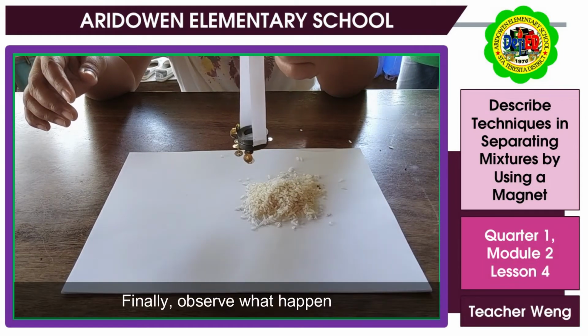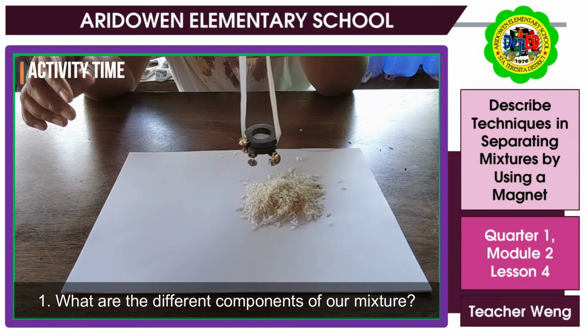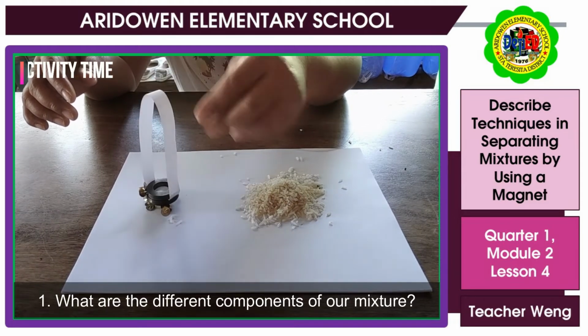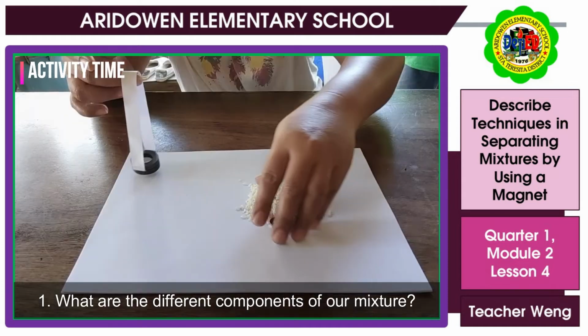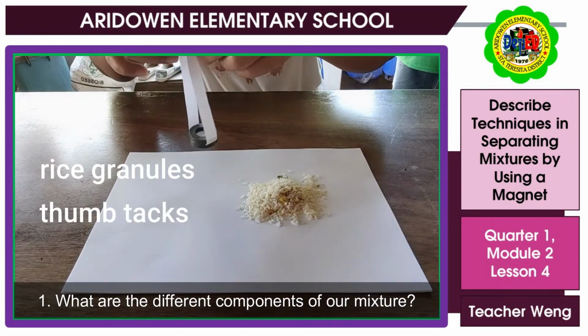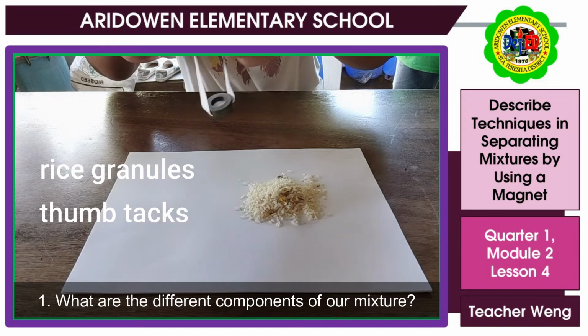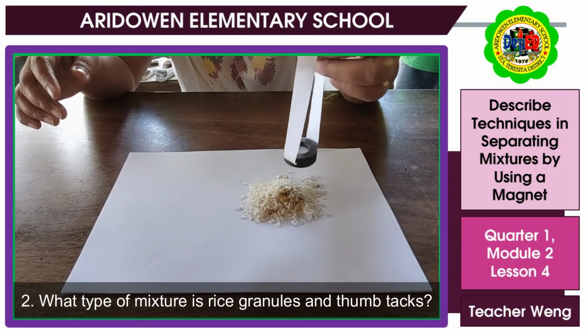Finally, observe what happened. Number 1. What are the different components of our mixture? Right! The different components of our mixture are rice granules and thumbtacks. Number 2. What type of mixture is the rice granules and thumbtacks?